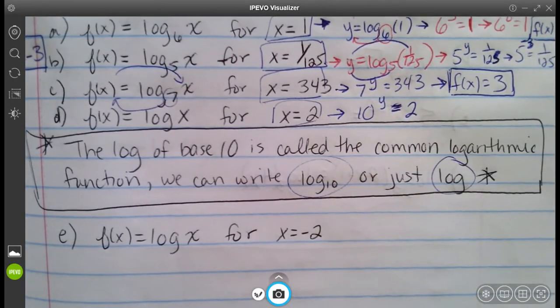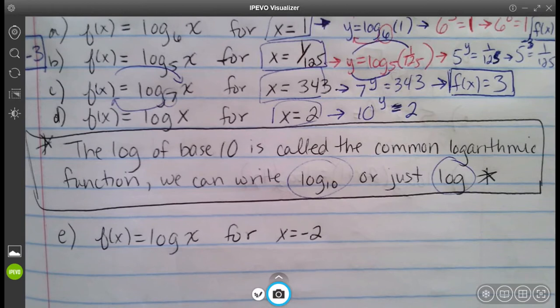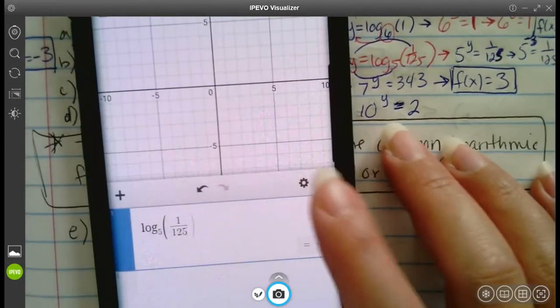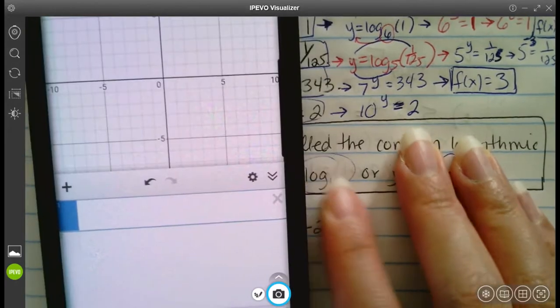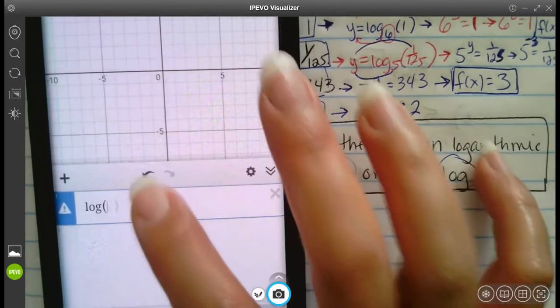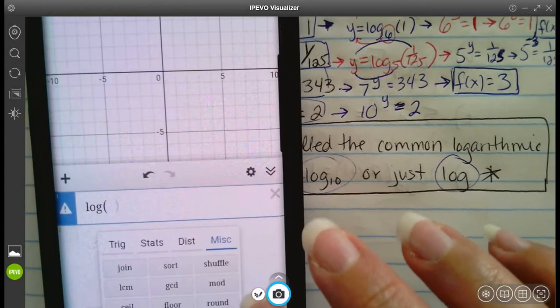And in this case, it looks like we don't really have anything that's raised to the power of a number that's equal to 2. So this one's going to give us an error. And just to double check, because we can check it if you want, let's go ahead and type it out. So we have log, let's do the base 10 so we can see it in action here.